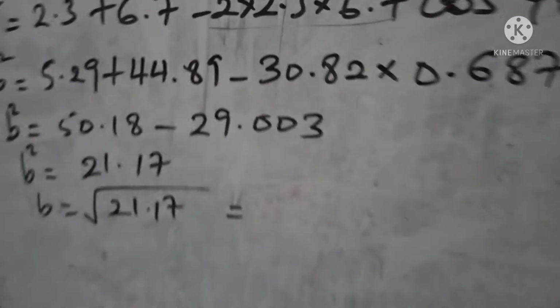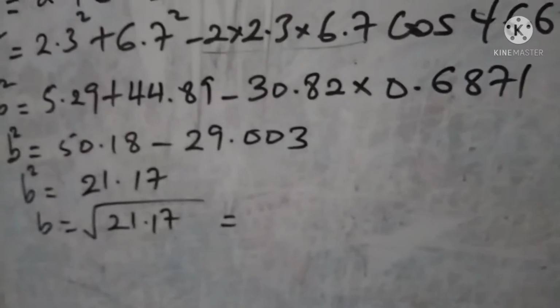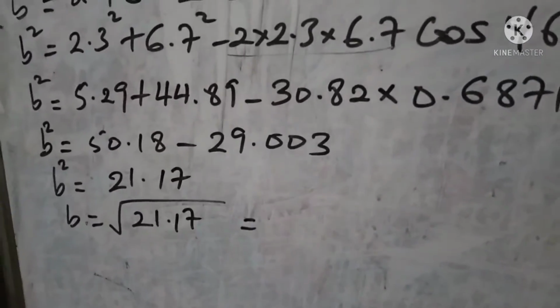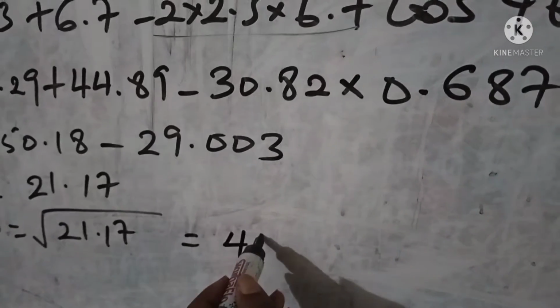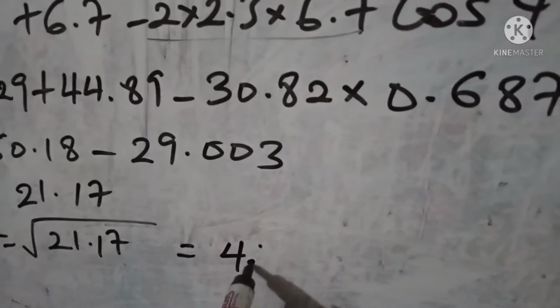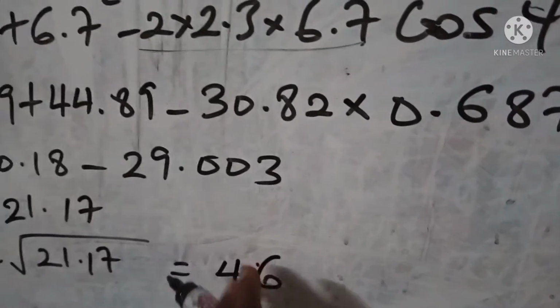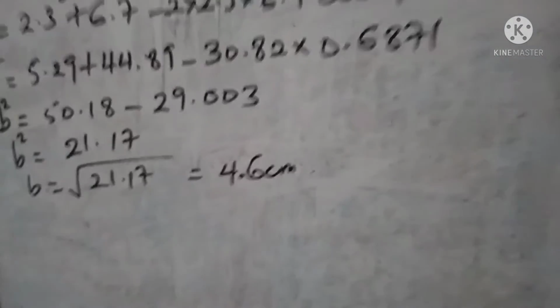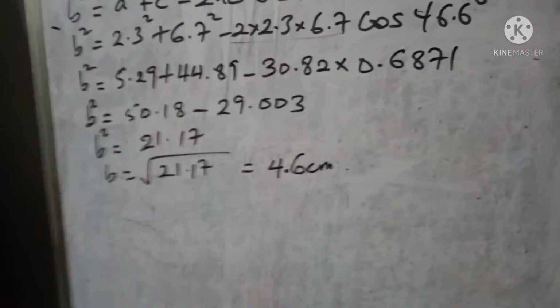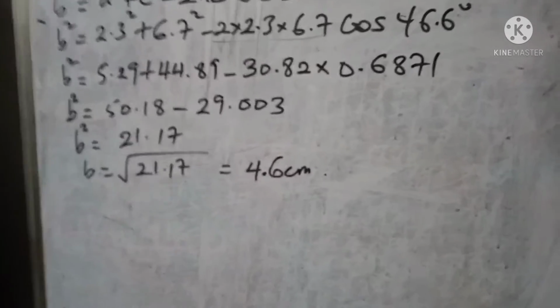We are giving our answer to one decimal place: 4.6. So we have 4.6 centimeters. As you can see, we have gotten the value of B, which is 4.6 centimeters.